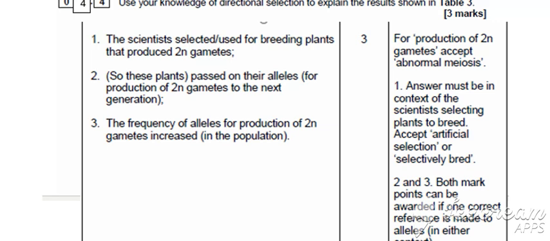So therefore, these plants passed on their alleles, and that allele was for the production of the 2N gametes, to the next generation, but you only need to state that their alleles were then passed on. Therefore, the frequency of the alleles for the production of 2N gametes will have increased in the population.